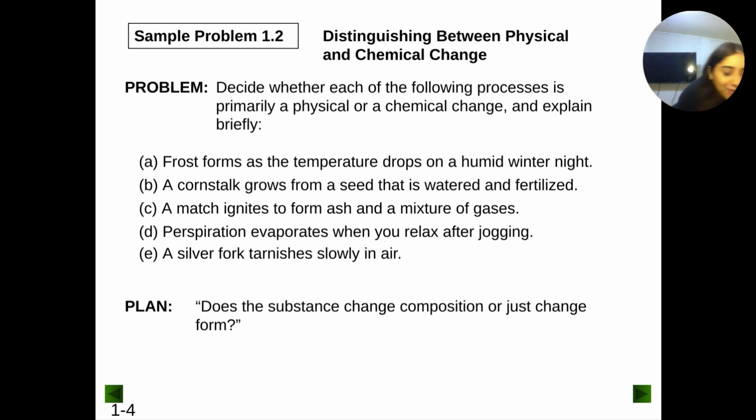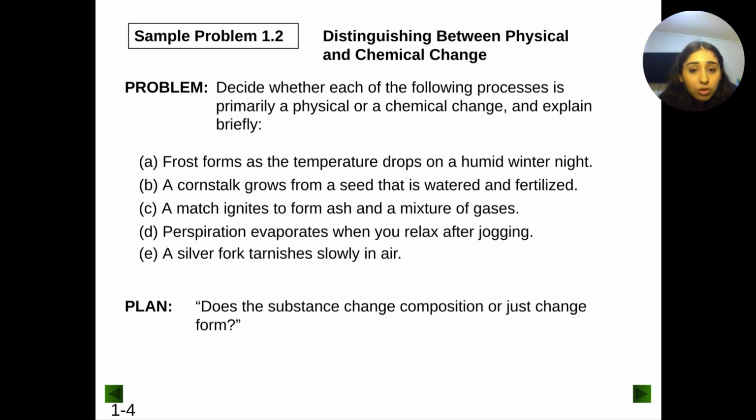This can be kind of confusing because a lot of things that you would think are physical changes or chemical changes are the other. So, try to keep that in mind. A. Frost forms as the temperature drops on a humid winter night. Would you think that is a physical or a chemical change?